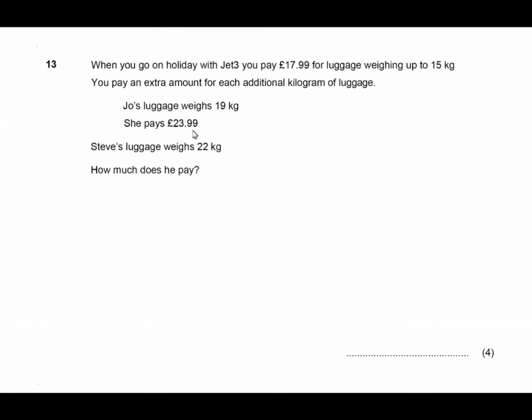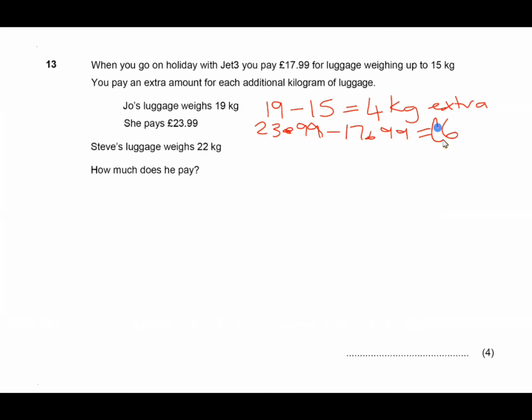So in order to do this, we need to work out how much Joe pays for that extra weight. So we know that she's got 19 kilograms and she was entitled to 15, and this meant that she had 4 kilograms extra. Now, from the amount of money she's paid, it looks like our £23.99 take away our £17.99 that we get gratis means she's paid another £6 for the 4 extra kilograms.